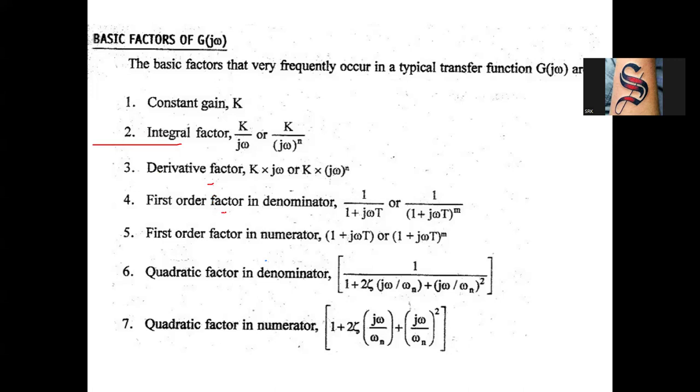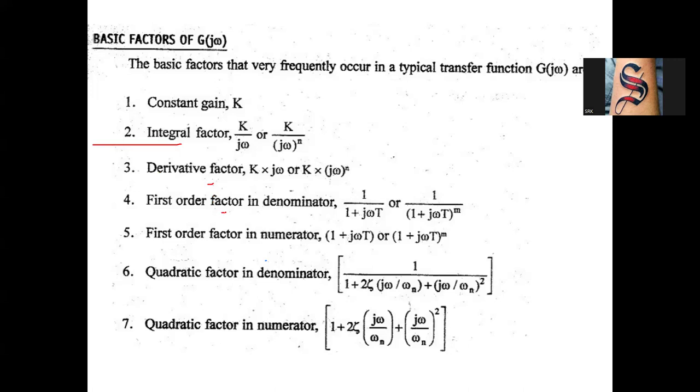So that's the reason. First we have to know the magnitude and corresponding phase values for every individual factor so that it is easy to calculate. Please remember these are the basic factors we can observe in any given transfer function.